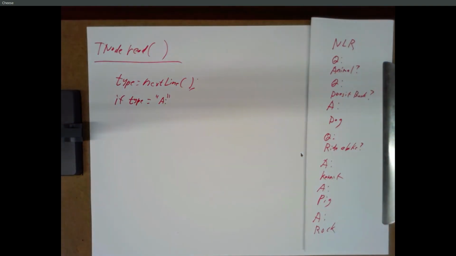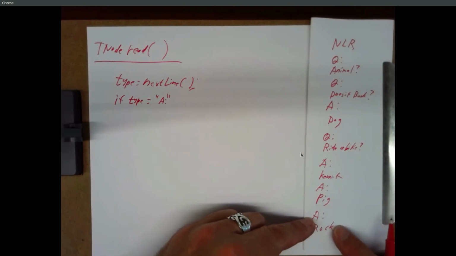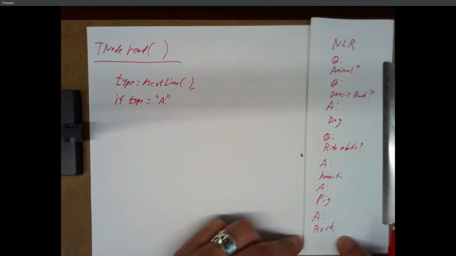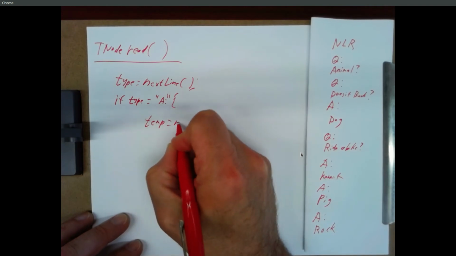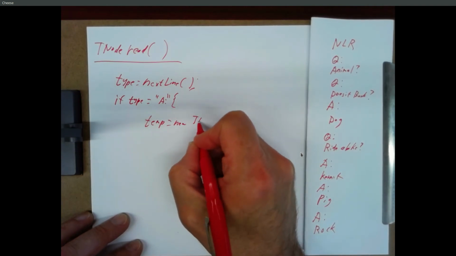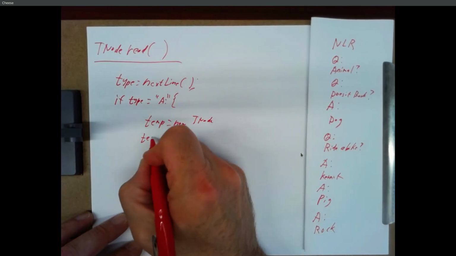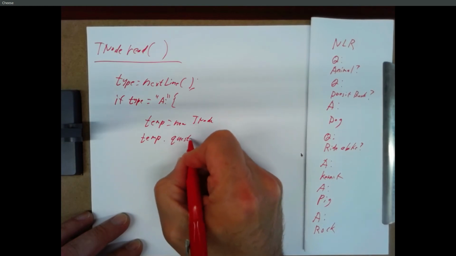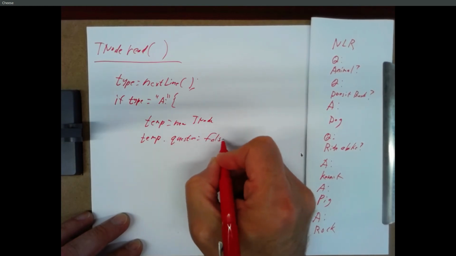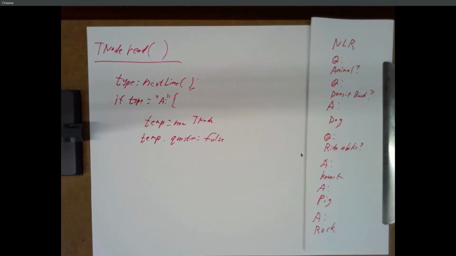And this is pseudocode. You've got to do if type dot equals, etc. But if the type that you just read is A followed by a colon, this is an answer node. And our tree is going to be really simple. It's going to have 1 node in it. So if type is equal to A, make a new node. If you have a flag saying whether it's a question or an answer, deal with that flag to indicate that this is an answer.